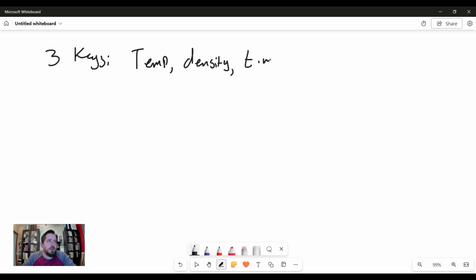But luckily these are complementary, meaning if you are short on temperature, all you have to do is increase the density or increase the amount of time. If you're short on the density, you just increase the temperature and or the time. So if you're short in one, the other two can come in and make up for that. But it's best if you can maximize all three simultaneously.